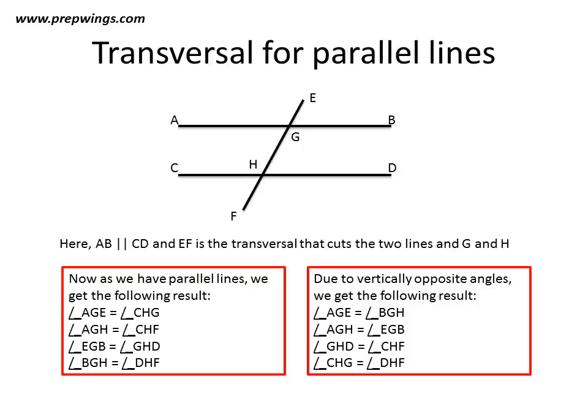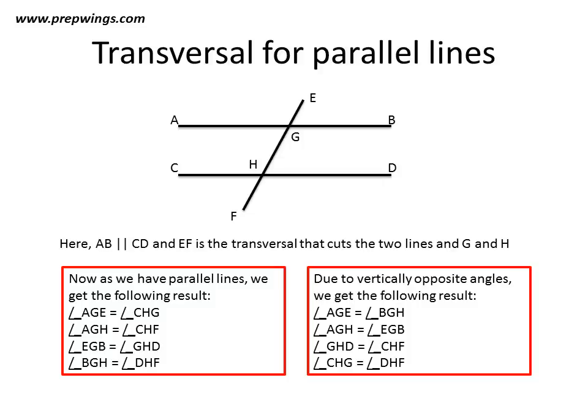So if we look at all the angles that are being created over here, angle AGE is equal to angle CHG. Okay. Similarly, angle AGH will be equal to angle CHF. Angle EGB is equal to angle GHD, and angle BGH is equal to angle DHF.